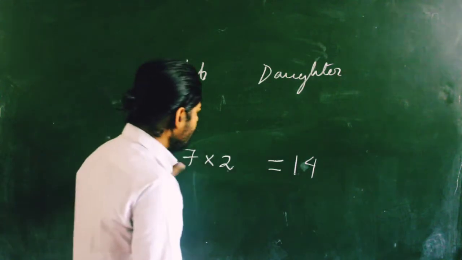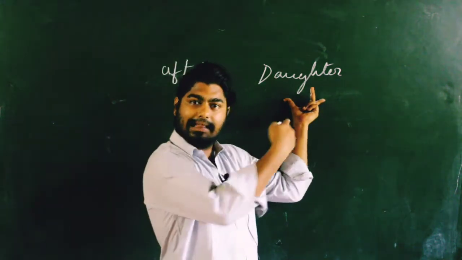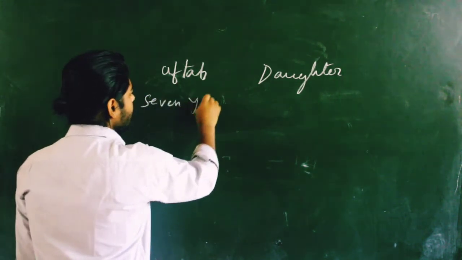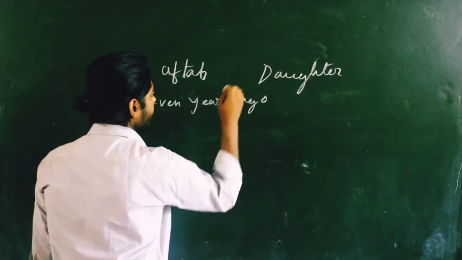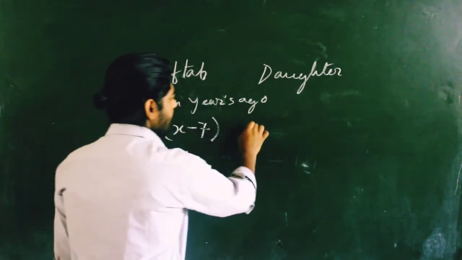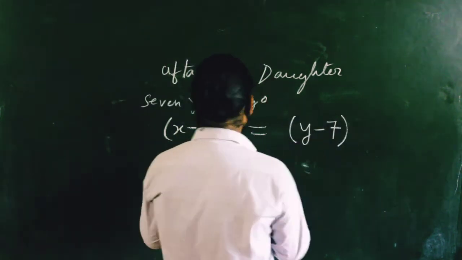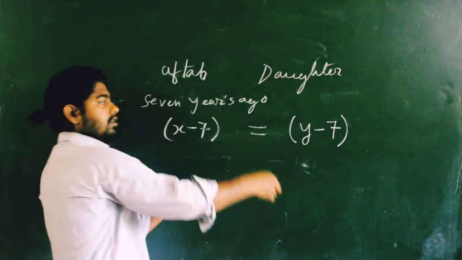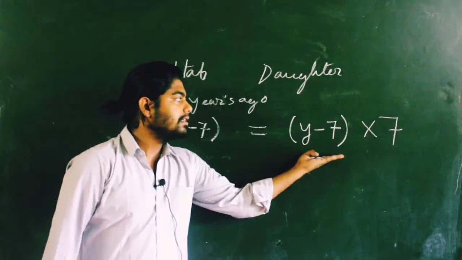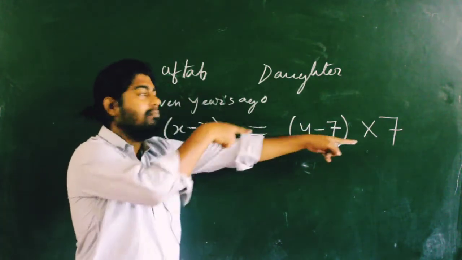He was big 7 years ago, so we have to multiply on this side. 7 years ago, Aftab was x minus 7 and his daughter was y minus 7, and he was 7 times as old as she was. So you have to multiply by 7 on this side, because we have put an equal sign, and since he was 7 times as old as her, we have to multiply by 7 on her side to make it equal.